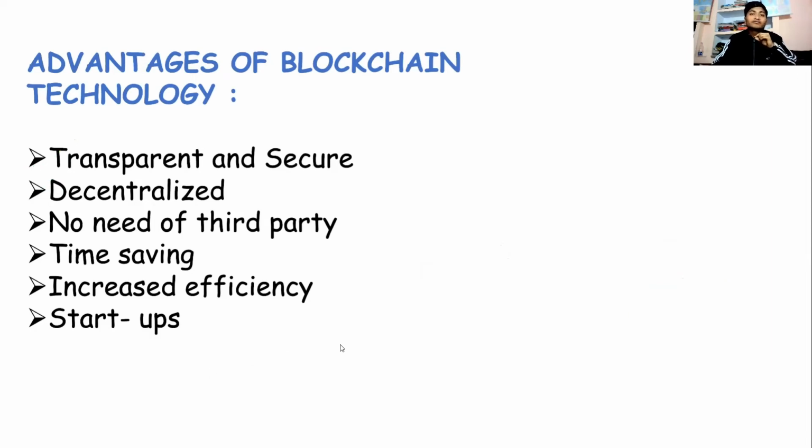There are two words, centralized and decentralized. Centralized means, like the example of a wheel, there is one center and there are several networks of the same, connected to it. This is called the centralized network.